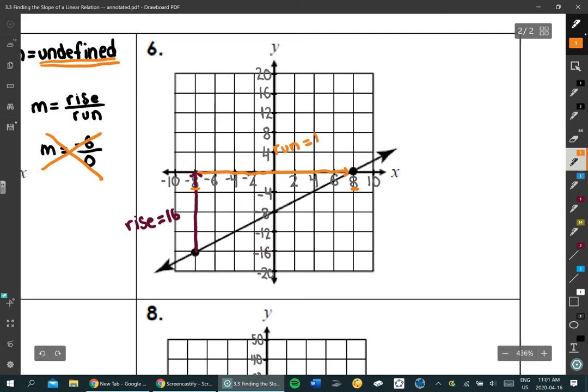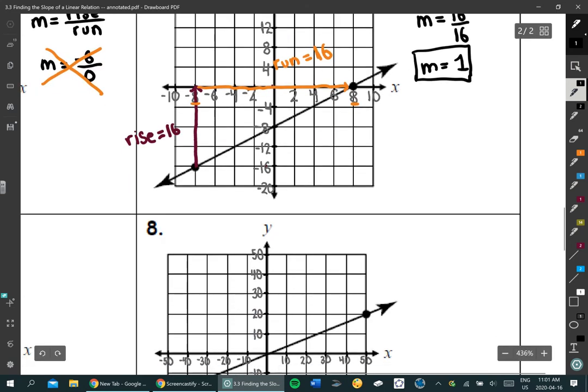Well, that is 16 as well. Okay, so my slope is going to be rise over run, 16 over 16. Or simplified, M is equal to 1.